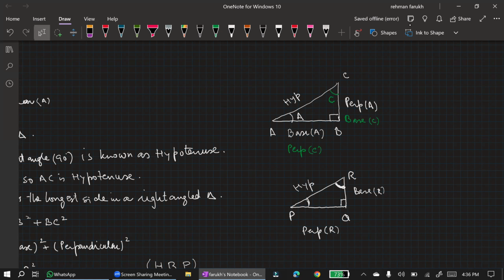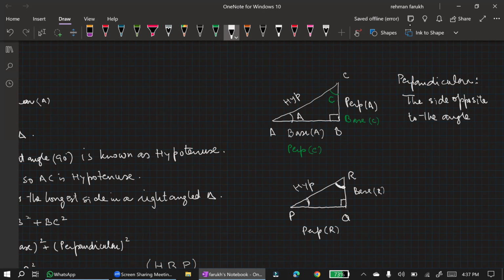Perpendicular: the side opposite to the angle under consideration is known as the perpendicular.